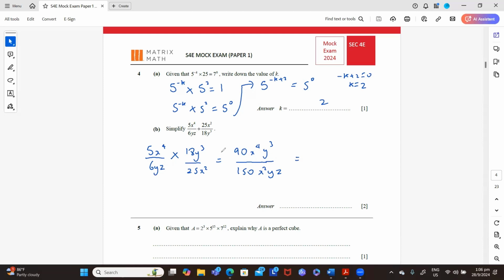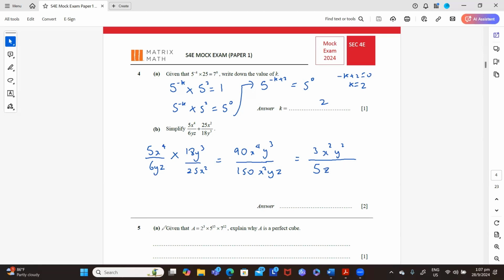Okay? So 90 over 150 will give you 3 over 5. Then x power 4 over x power 2 will be x squared. y cubed over y is y squared. And z, just write that down here. So this way, you won't get careless mistakes. Okay? So this is your final answer.